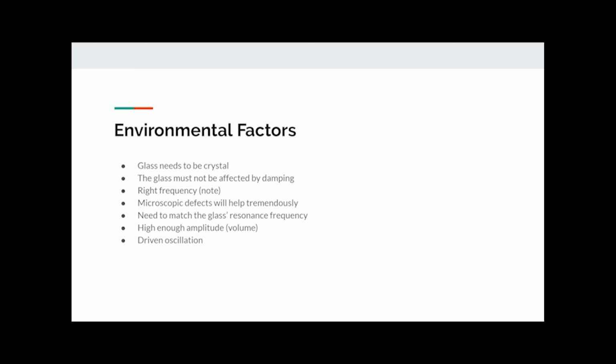And my third point is right frequency, the note. You have to match the resonant frequency of whatever glass you're trying to break. And the resonant frequency is the note at which the glass will vibrate. And wine glass, again, is a good example. It's very resonant due to the hollow tubular shape.